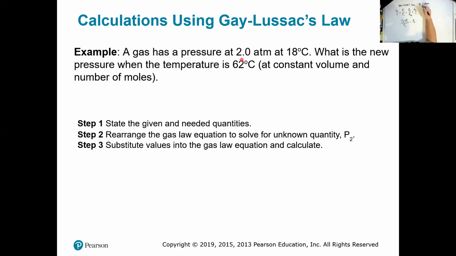So pressure 1 will be 2 atmosphere. Temperature 1 is going to be 18 degrees Celsius. What's the new pressure? So P2 is an unknown when the temperature is 62 degrees Celsius. So our new temperature has increased. Okay.